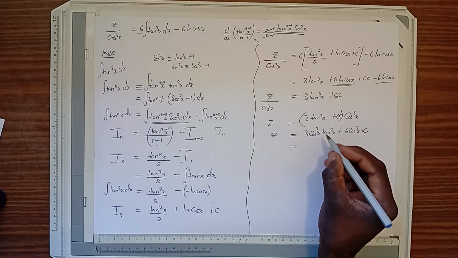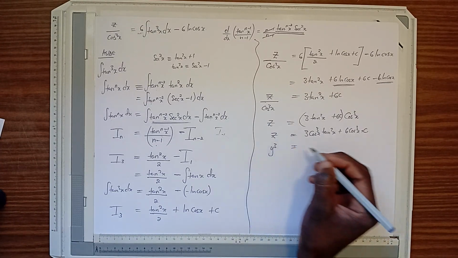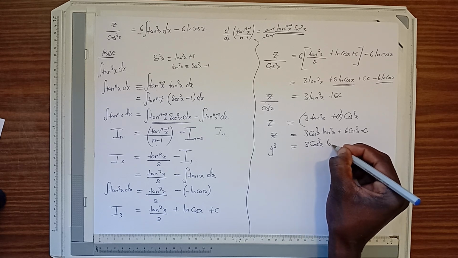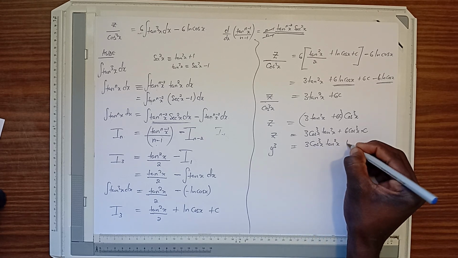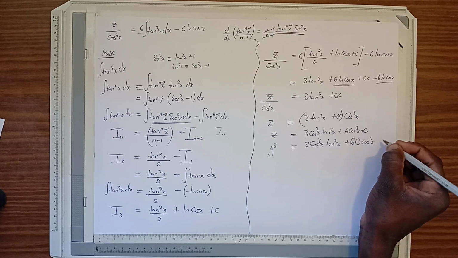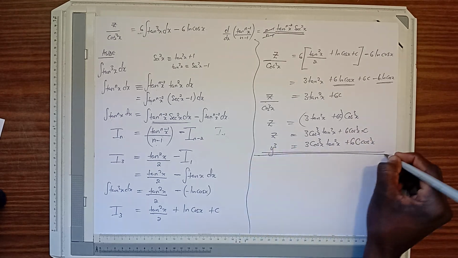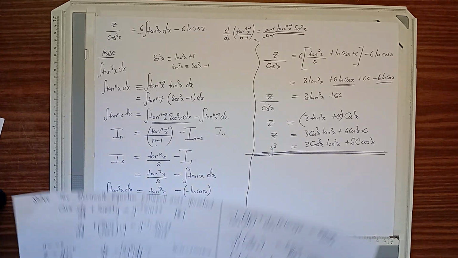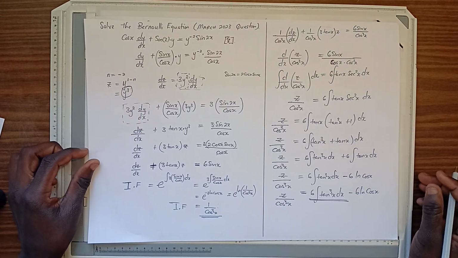So we introduce y cubed here and say y cubed equals 3 cos cubed of x tan squared of x plus 6c cos cubed of x. So this is our solution, or our general solution, for our Bernoulli equation.